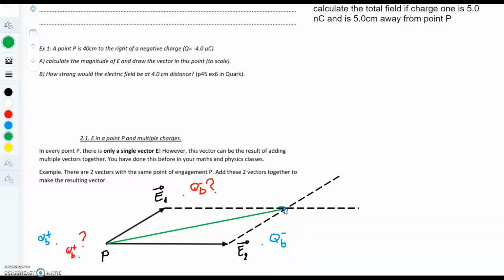Now again, we don't know what's causing this vector. It could be 4 different situations causing this. All we know is this is the total field vector in this point. And it's quite simple. If I introduce a positive charge, another positive charge in this point P, my force will just follow along with this line, with this vector.